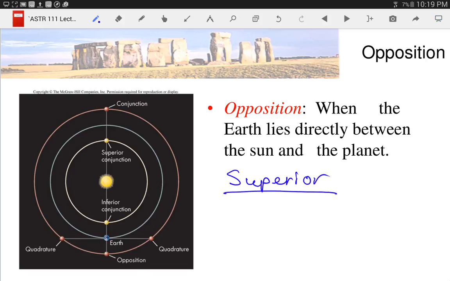Superior. You probably heard this quote. It was used in Periscope. Not a superior officer, just a higher ranking one. Superior means above. A superior planet is a planet that orbits farther from the sun than we do. So we have Mercury, Venus, Earth, Mars, Jupiter, Saturn, Uranus.